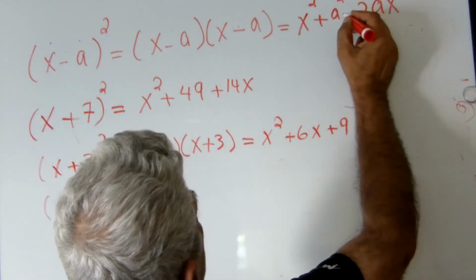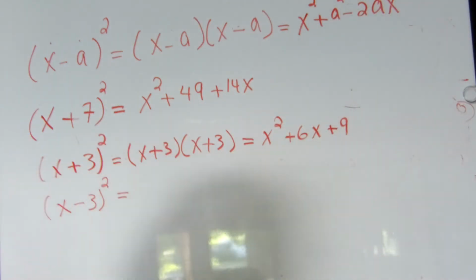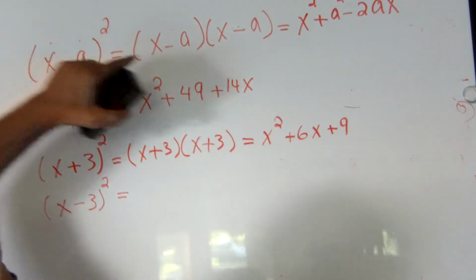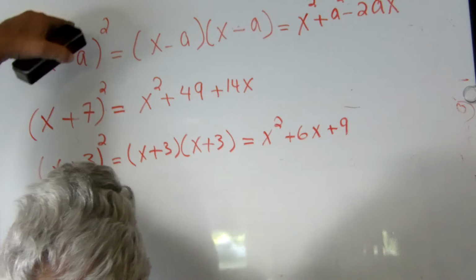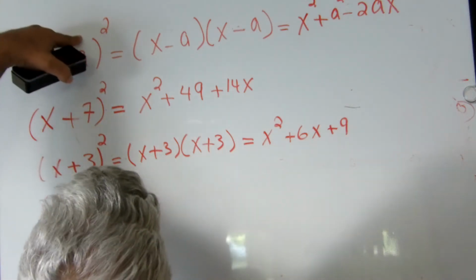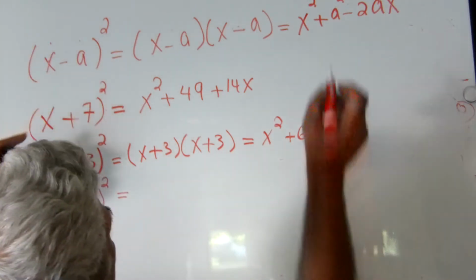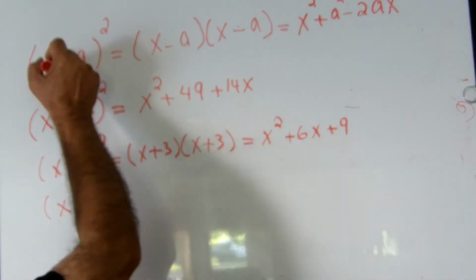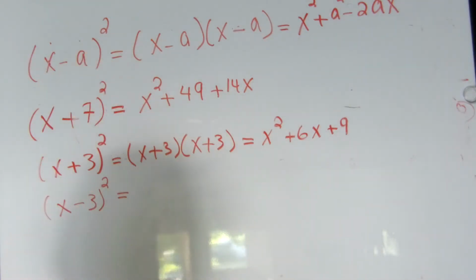The sign is going to change, minus 2ax. That's the only thing that changes. So the first item squared, plus the second item squared, minus 2 times the first item times the second item.